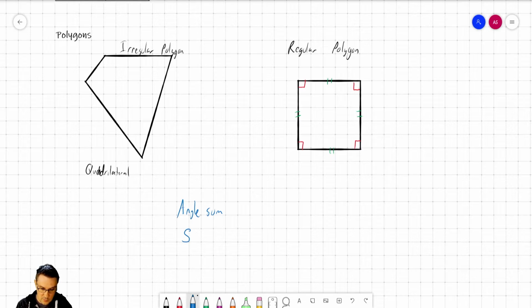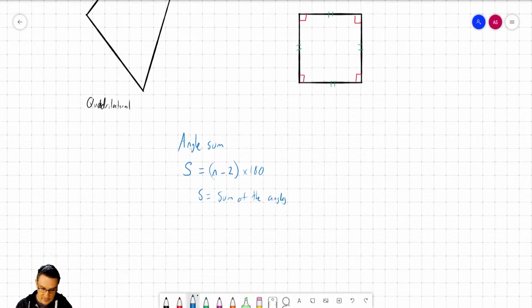S is equal to n minus 2, multiplied by 180. S is the sum of the angles, and n represents the number of sides in that shape.